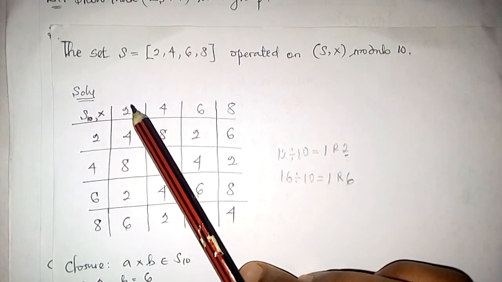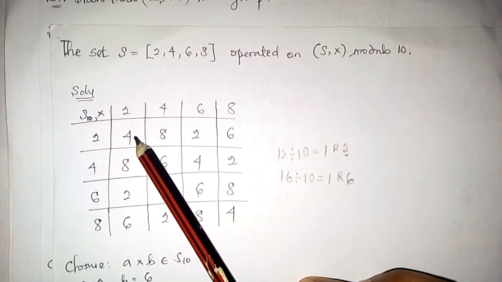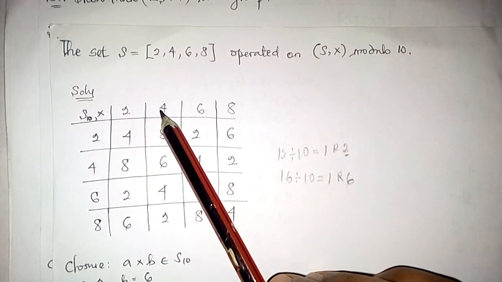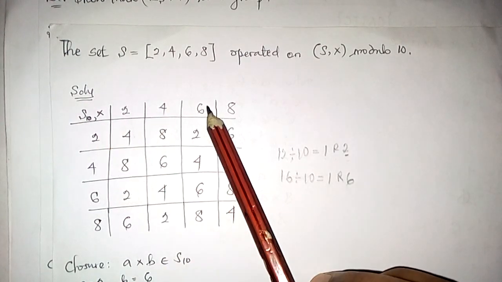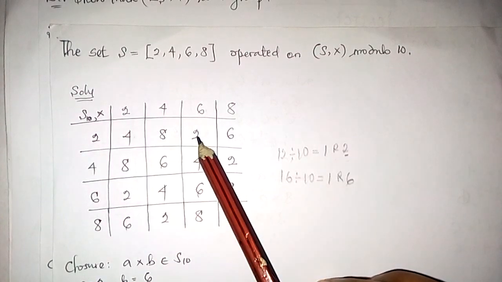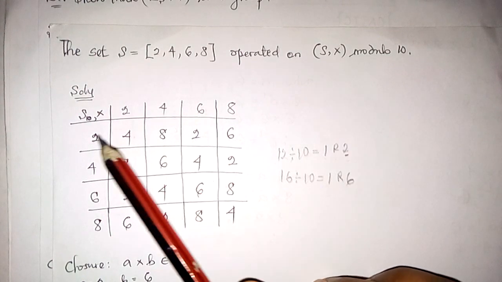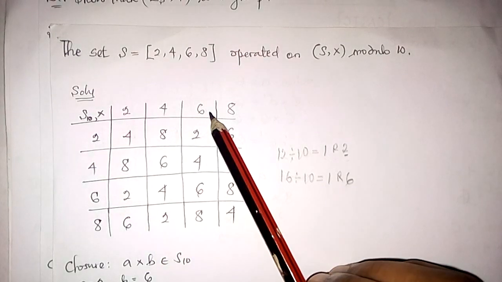2 by 2 is 4. 2 by 4, 8. 2 by 6, 2. So if we multiply 6 by 2, we get 2. Meaning that 2 here and 2 here needs 6.